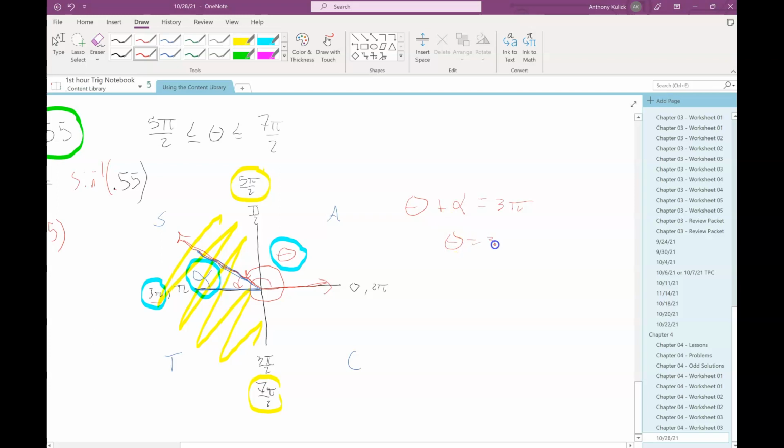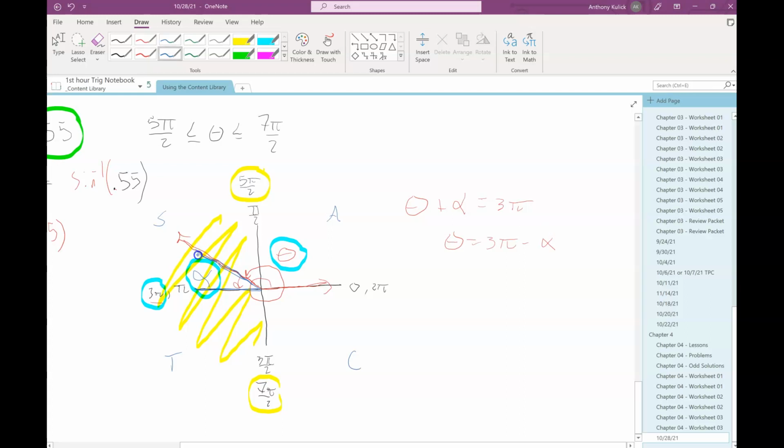And if I subtract alpha from both sides, theta is going to be 3 pi minus alpha then. Everybody's okay with that? So what is alpha going to be?